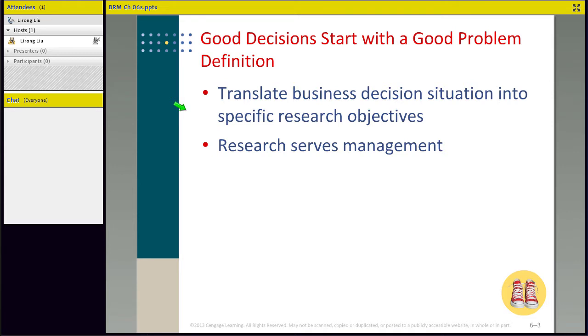Okay, there are situations where the management may want A, and for the researcher, he sees the problem more like a B. And for that situation, there should be conversation between the researcher and the management, and the researcher needs to clearly explain why the symptoms the management have seen are not the real cause of the problem. Okay.